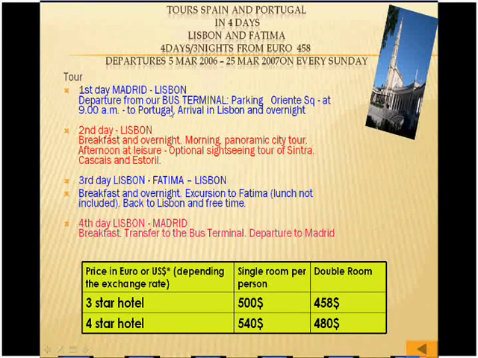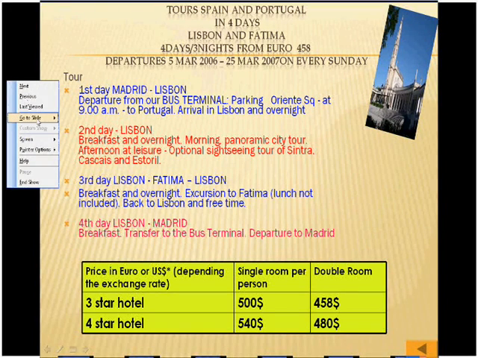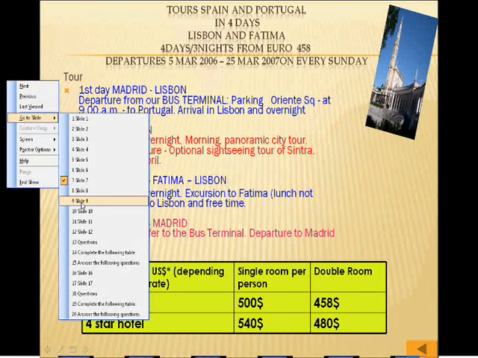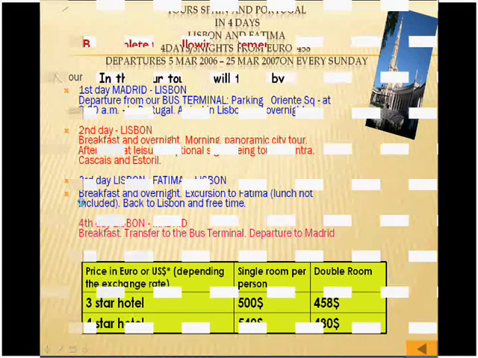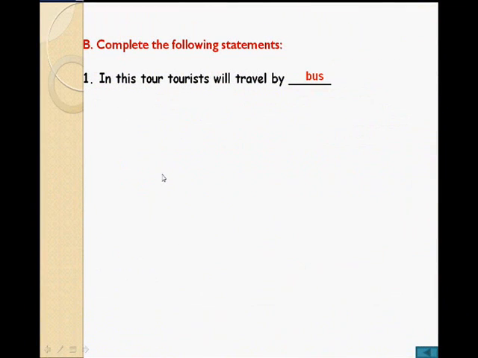So what do you think? Yes, very good. It's there at the top of the brochure. Yeah, by bus, because they will take the tourists to the bus terminal, so they should travel by bus.